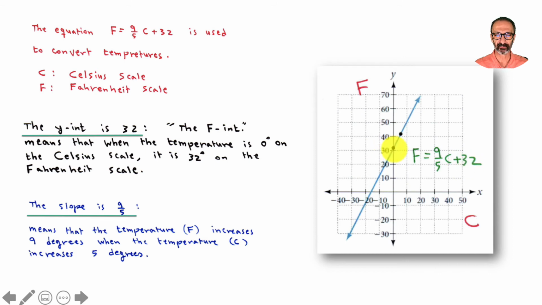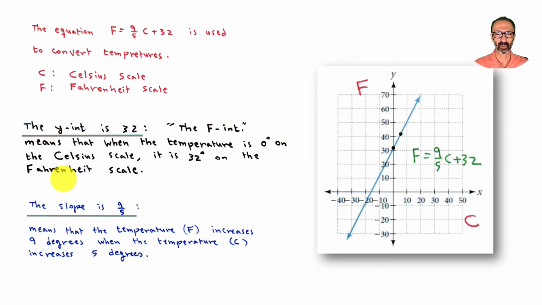What does it mean? It means when C is 0, you're not going right or left. Your Fahrenheit is 32. It means that the F-intercept, instead of calling the y-intercept, means that when the temperature is 0 Celsius, it's 32 Fahrenheit. In a different way, 0 Celsius corresponds to 32 Fahrenheit.